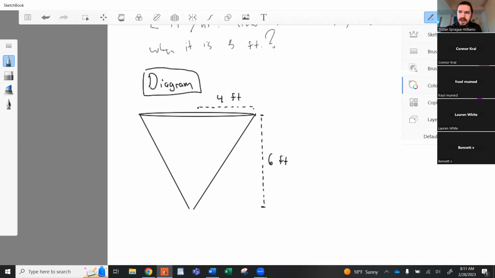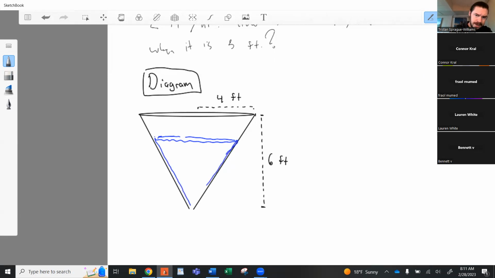But inside of the cone, we have some water. So here's water inside the cone, taking up this space right here. I'll go ahead and fill that so it looks nice and watery.